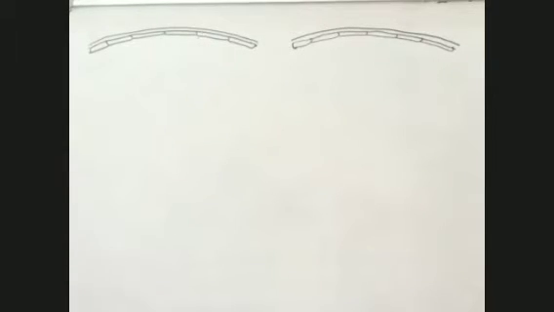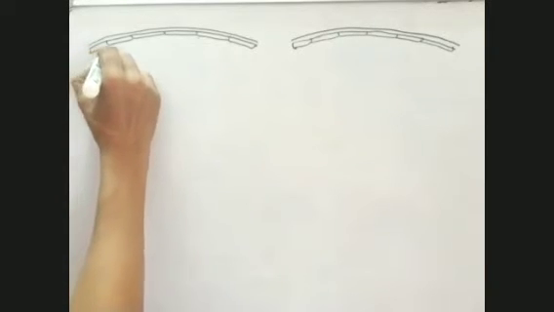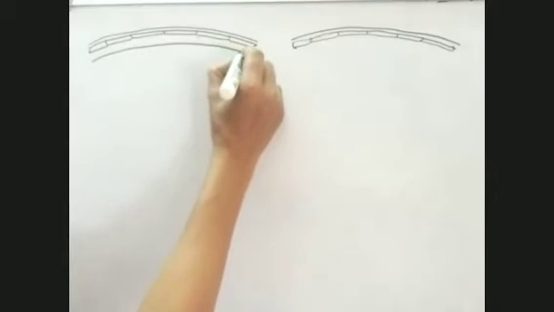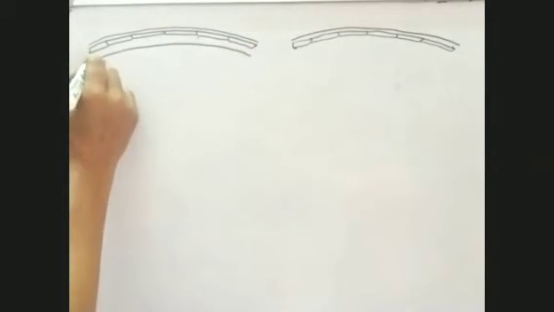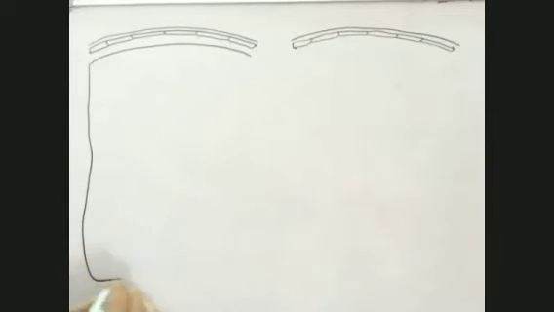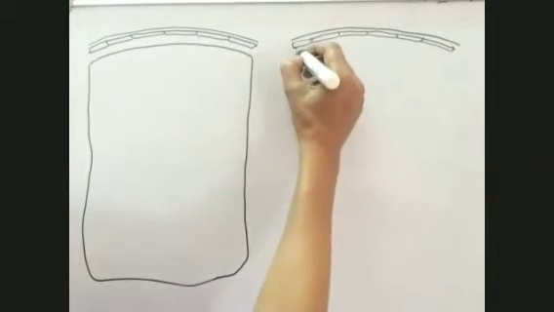Now here I'll draw the mesophyll cell. Below the cuticle is present the mesophyll, which appears like this. Another mesophyll.